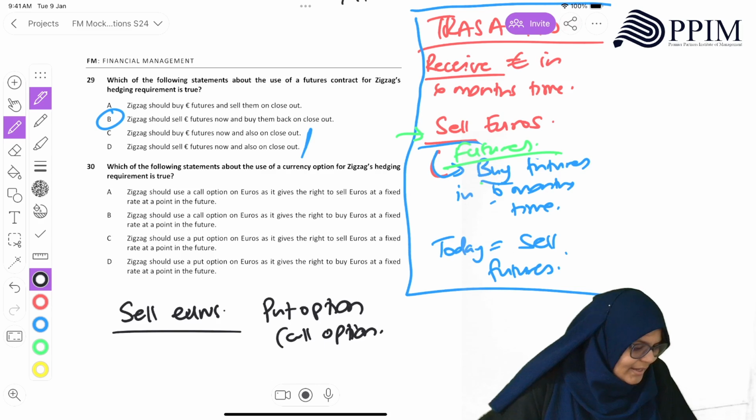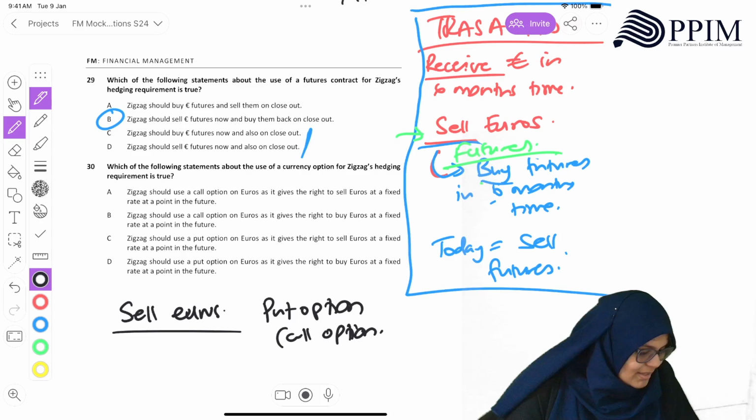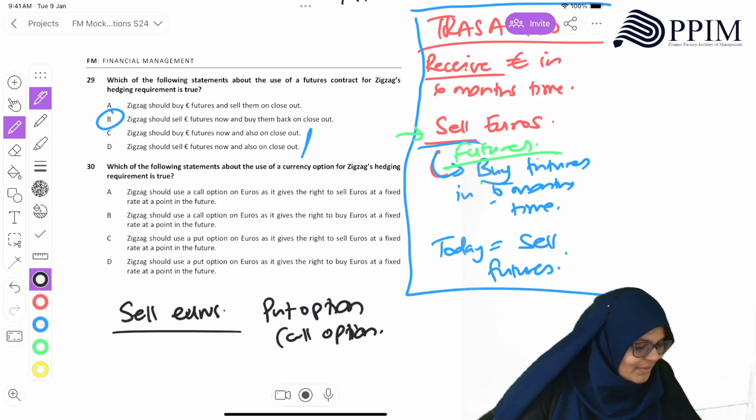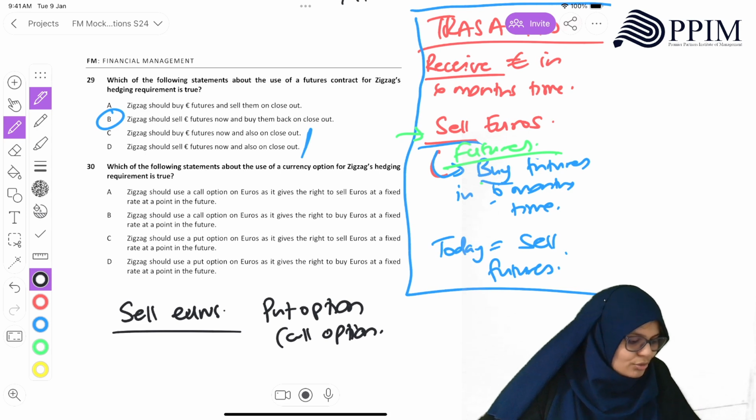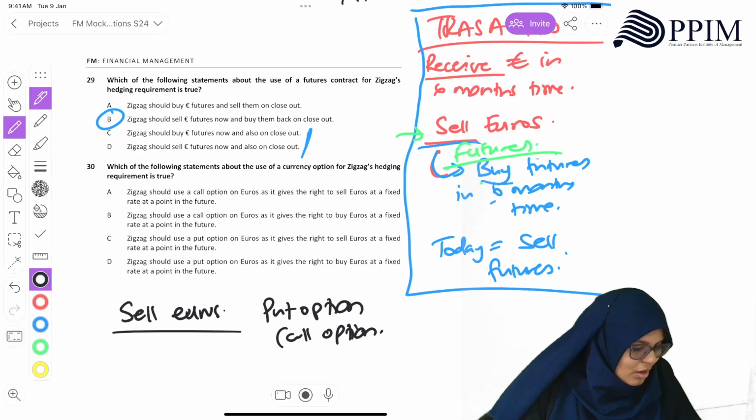A is saying Zigzag should use a call option. Call is the right to buy, right? We don't want to buy, we want the right to sell. So it can't be A. B is also talking about a call option, so that is wrong. C is saying Zigzag should use a put option on euros, as it gives the right to sell euros at a fixed rate at a point in the future.